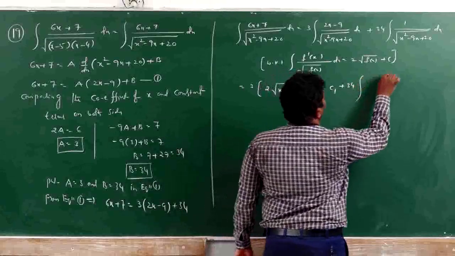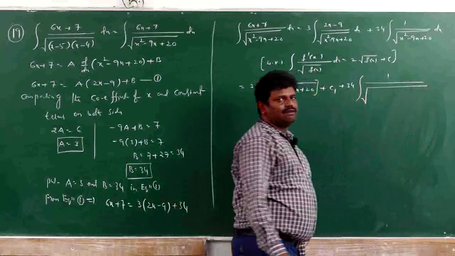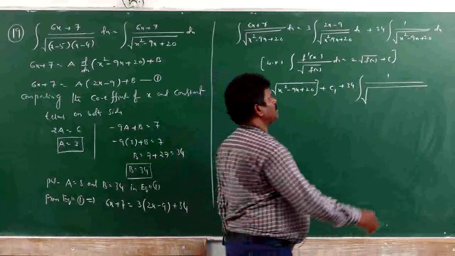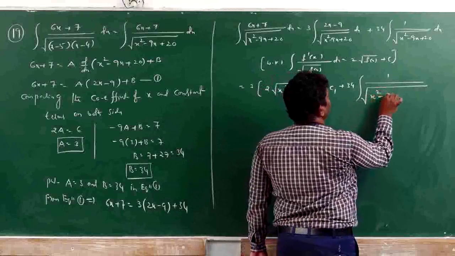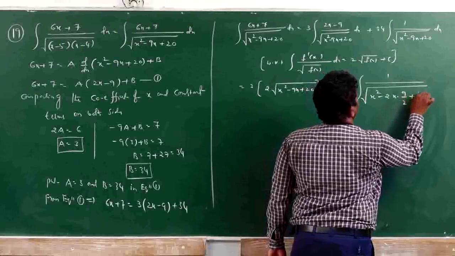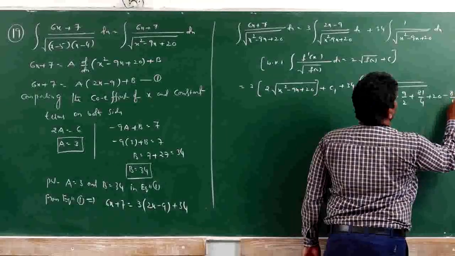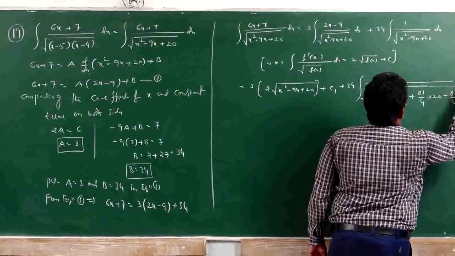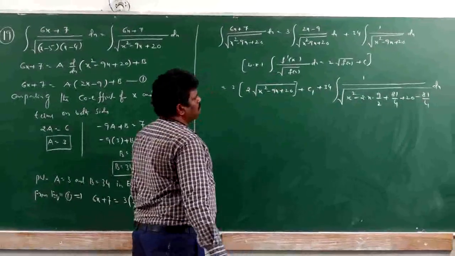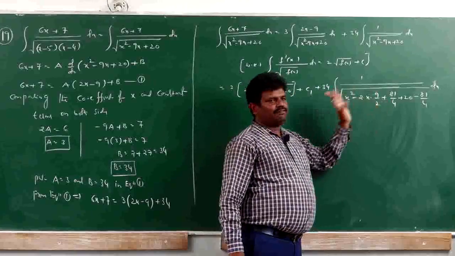34 integral of 1 by square root of this value, we convert into perfect square formula. Then what we done here, x squared minus 2 into x into 9 by 2 plus 81 by 4 plus 20 minus 81 by 4, dx. Okay? See here, x squared 2 not there here, so multiplying and dividing with the 2, 81 by 4 value.